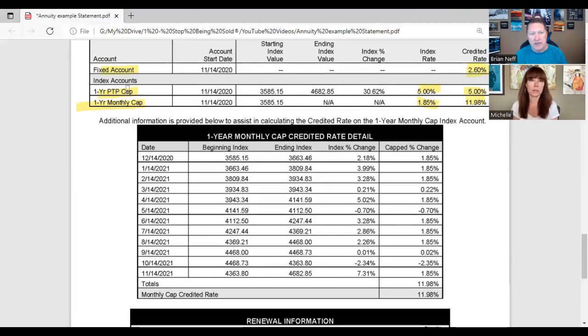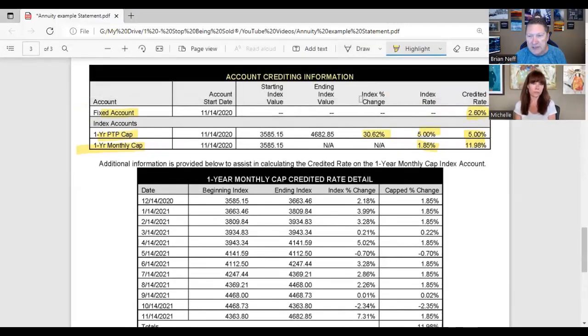But this 1 year point to point cap, Michelle, remember you're in an indexed annuity, you can earn up to the cap that's declared in that index. Well, look what happened here. The index change for the last 12 months was how much? 30.62%. 30%.